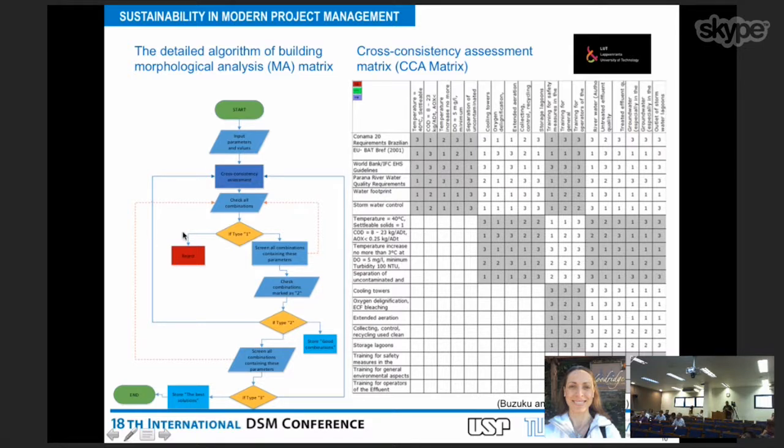Here we give a detailed algorithm of how we build this morphological matrix and how we evaluate these values.